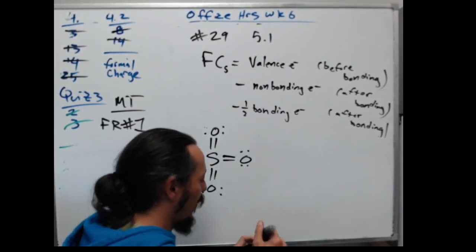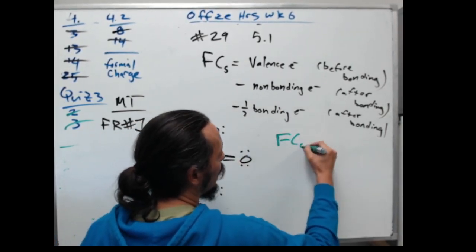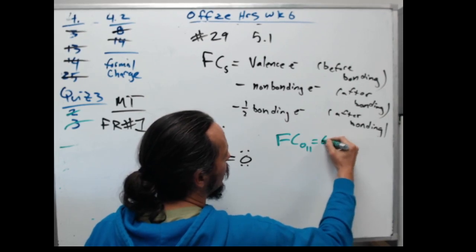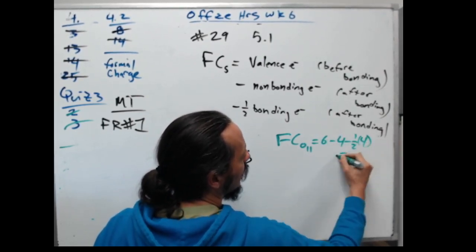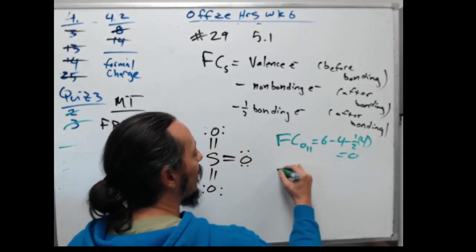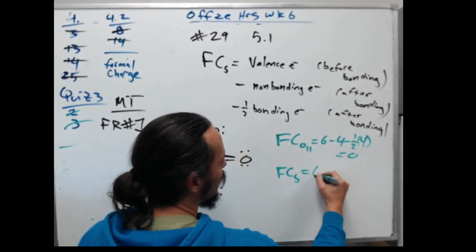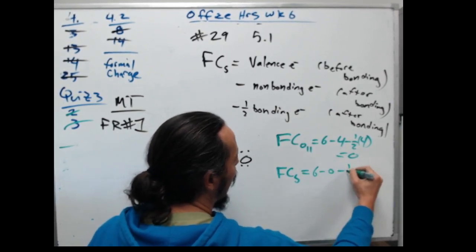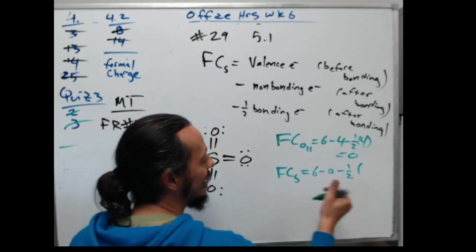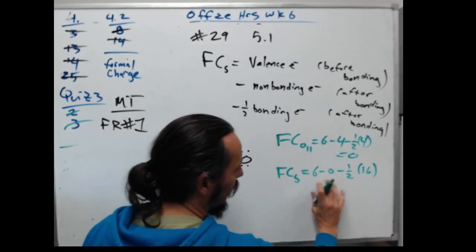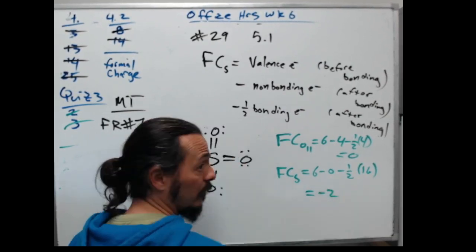When I calculate my formal charge in this proposed structure, my formal charge on those oxygens with 2 bonds is 6 minus 4 minus 1/2 of 4. It's always equal to 0. But on the sulfur here, I'm going to have 6 minus 0 minus 1/2 of 2, 4, 6, 8, 10, 12, 14, 16. And that's going to give me a formal charge of minus 2.